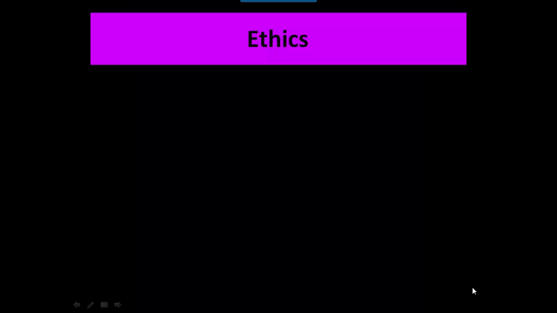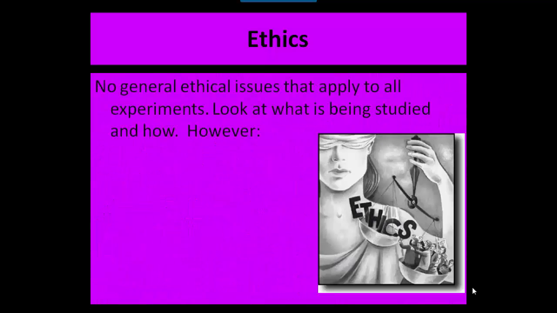Finally, ethics. Now, there are no general ethical issues that apply to all experiments. What we need to do is to look at the experiment in question, whether that's a lab, a field, or a natural experiment. Consider what's being done to the participants, with the participants, and how it's being done.